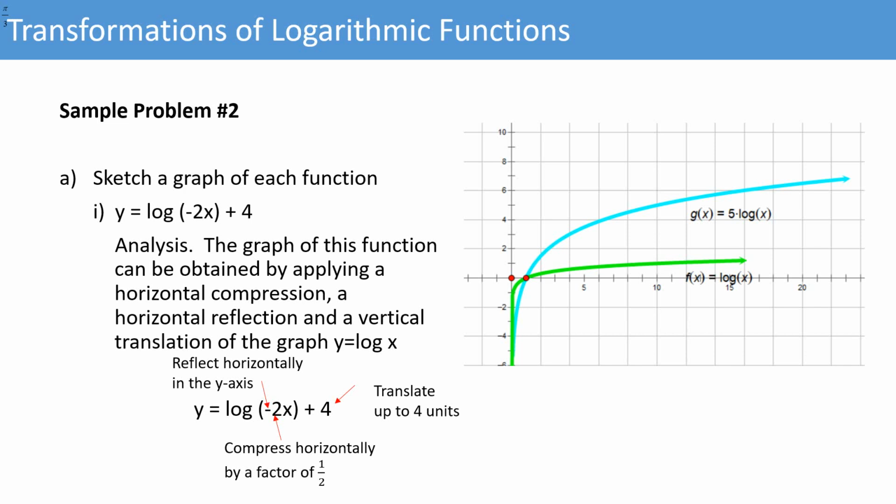The graph of this function can be obtained by applying a horizontal compression, a horizontal reflection, and a vertical translation of the graph. Now remember, when it's inside the bracket, it has to change from a 2 to a 1/2.